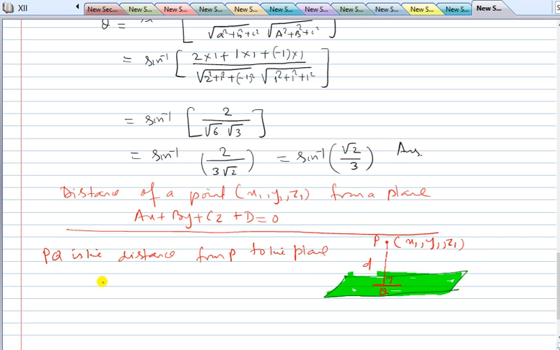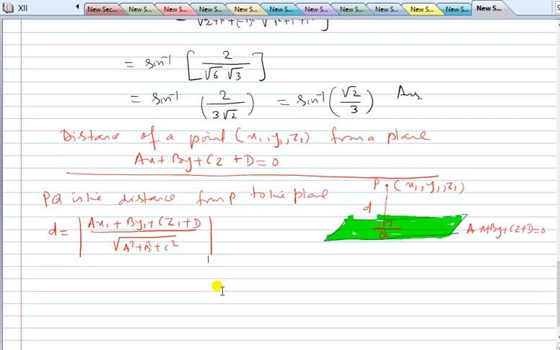Okay, let us denote it as D. So D will be just what you do, just copy and paste these points over here. In place of x you replace x1, in place of y you replace y1, in place of z you replace z1. So the formula will be ax1 plus by1 plus cz1 plus d divided by square root of a square plus b square plus c square.